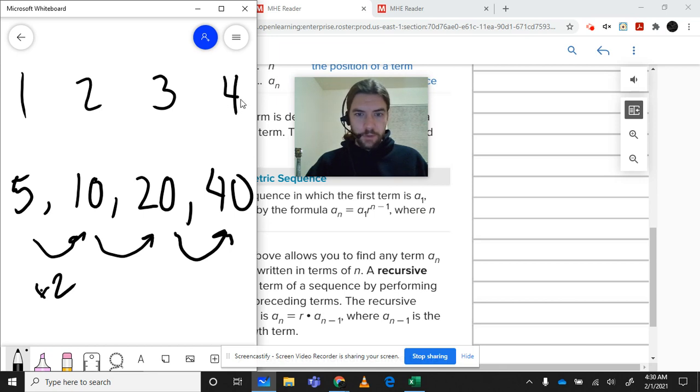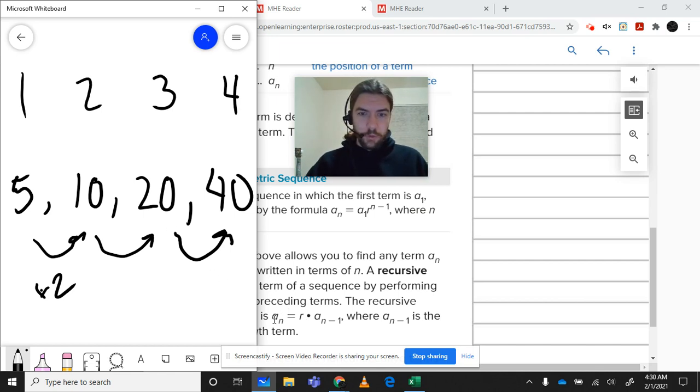If n is 4 right now, if we're looking for the fourth term, then this one represents the third term, right? n minus 1 would be 4 minus 1. So we're saying the fourth term is the third term times our constant, right? Or the fifth term is the fourth term times the constant. Every term in the sequence is just the previous term times the constant. And in our example, our constant's 2.